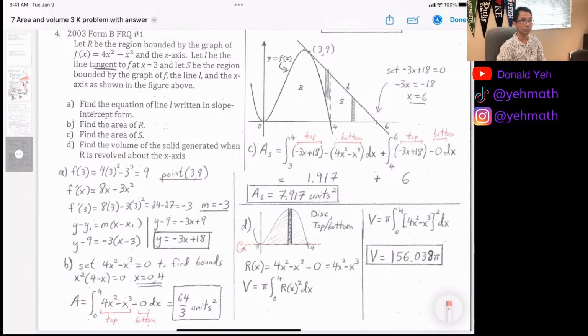So you can't just make it from boundaries, because they change. The lower inner curve changed from 4 to 6. The inner curve is actually 0 from 4 to 6. Some people don't understand C. You have to cut it into 2 sections.